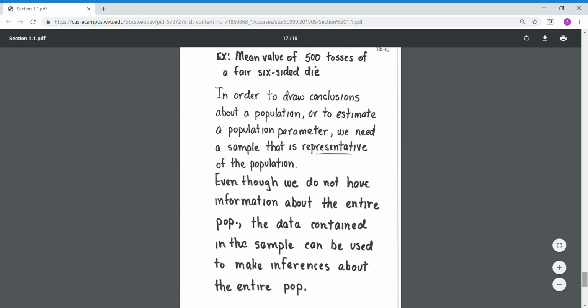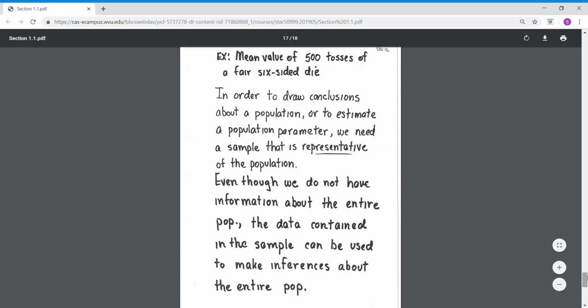In order to draw conclusions about a population or to estimate a population parameter, we need a sample that is representative of the population. Even though we do not have information about the entire population, the data contained in the sample can be used to make inferences about the entire population. I mentioned this a bit earlier in this video.